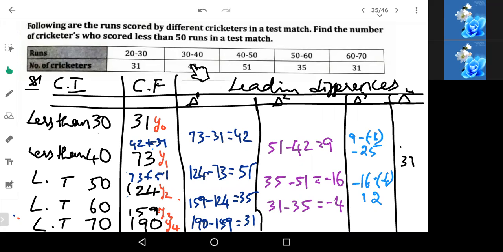So convert this into cumulative frequency. How do you do it? Add the numbers. 31 plus 31, write as it is. Then 31 plus 42, 73 plus 51, 124 plus 35. Like this, you just add the numbers. So this is the second type of problem.